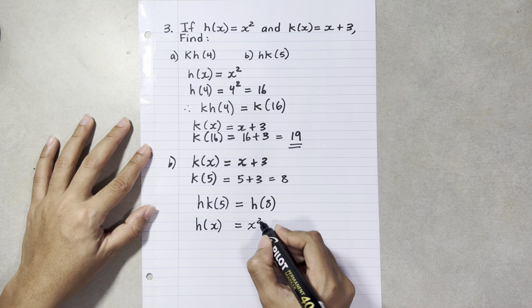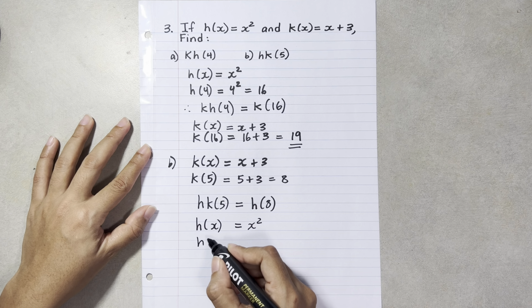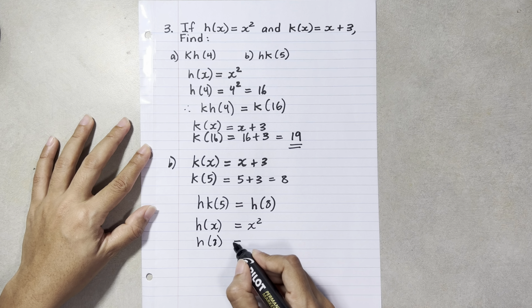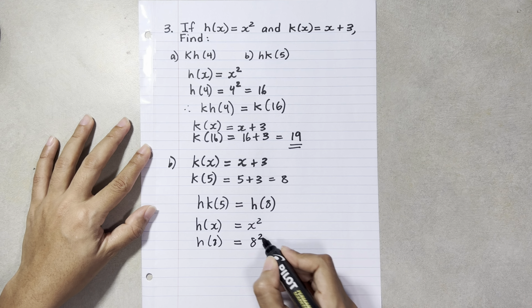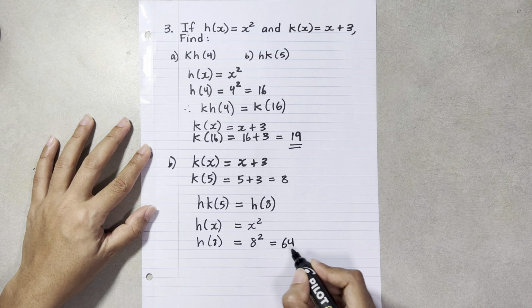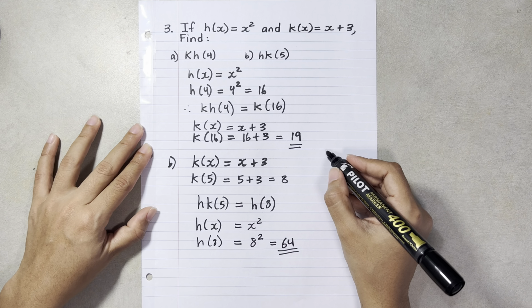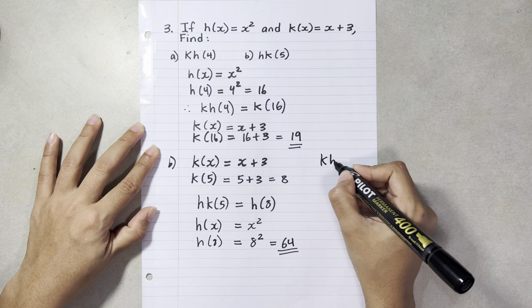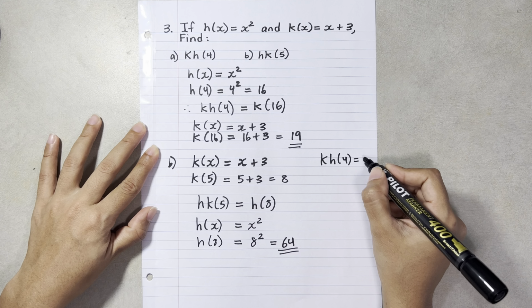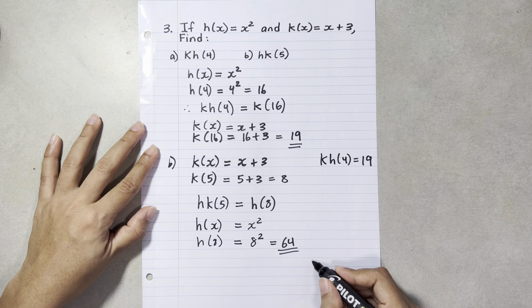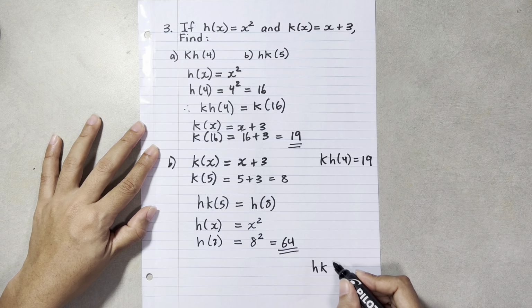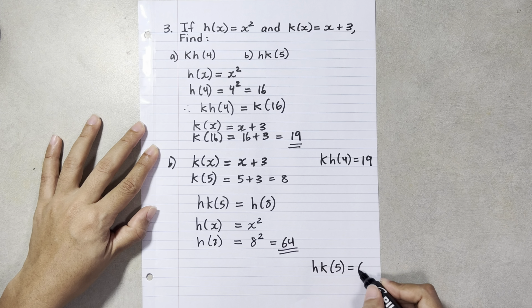So we need to substitute 8 in there. So h of 8 would therefore be equal to 8 squared, which is 64. So therefore, k of h of 4 is 19, and then h of k of 5 is 64.